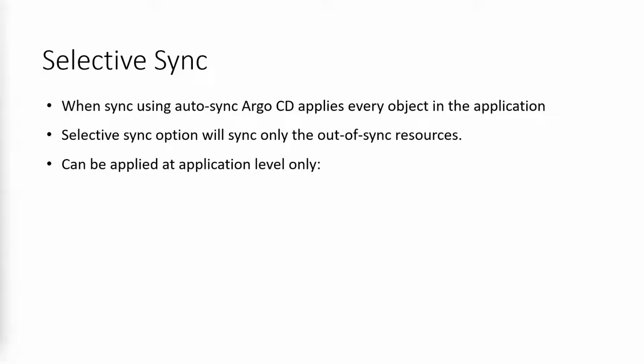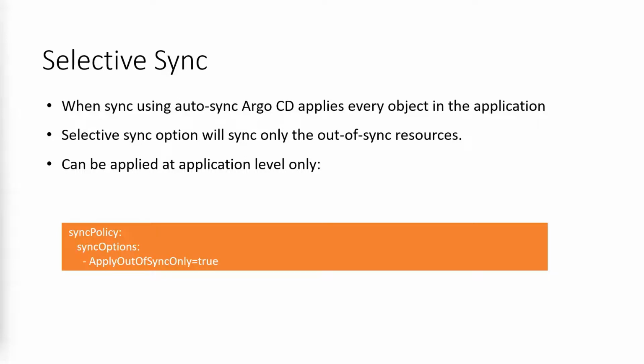Okay, so what you can do is enable apply out of sync only true. When you enable this, it will check which resources are out of sync, and only those resources will be synced, right? This is another way, and it's best, because you may have thousands of application resources, and out of that only two files may have changed or be out of sync.